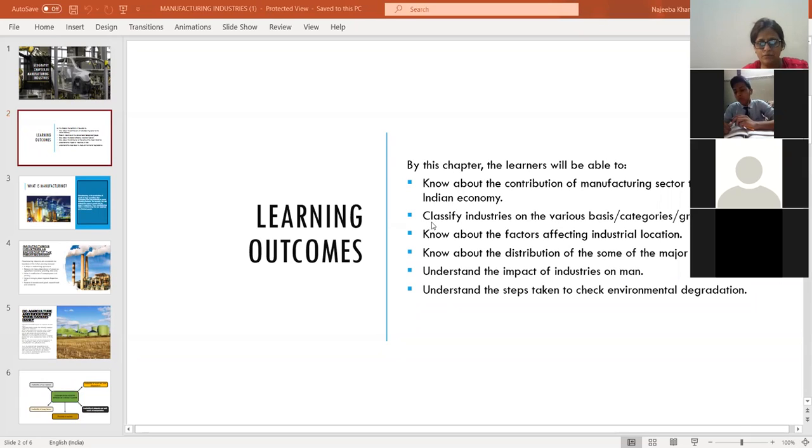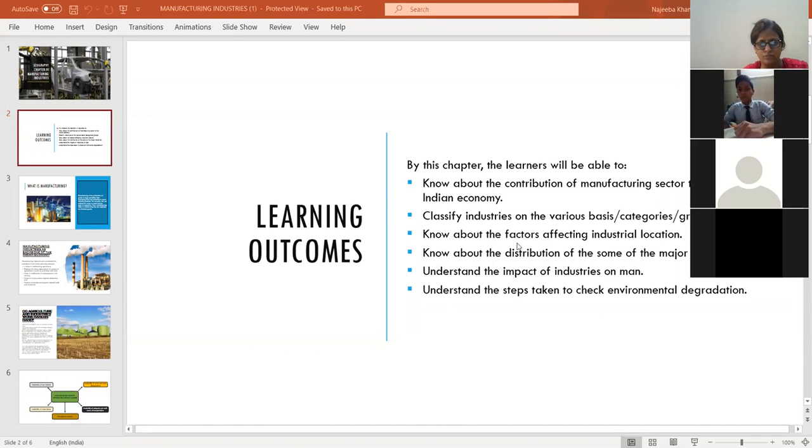Then next we will understand the classification of industries. We will be classifying industries on various bases. So one by one we will study industries here. Then the third outcome is to know about the factors affecting industrial location. So these factors are very important.